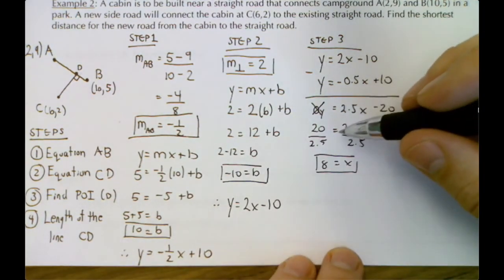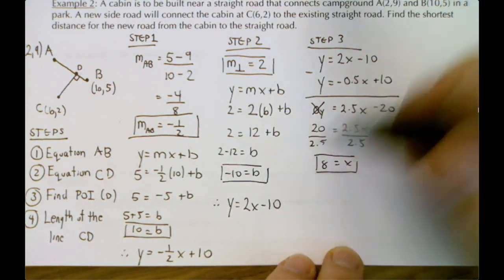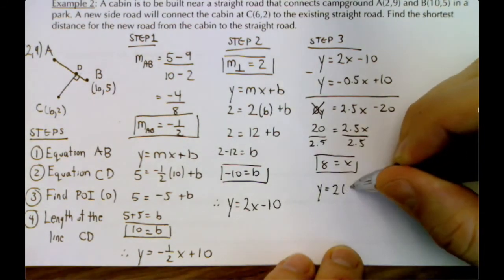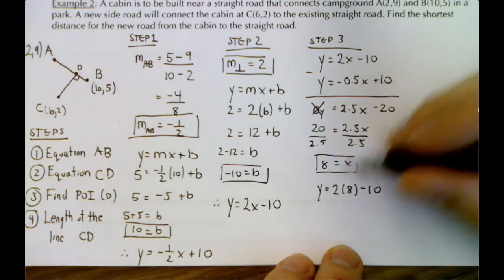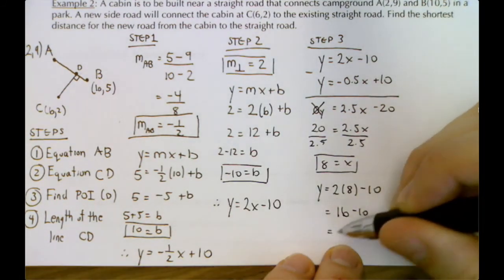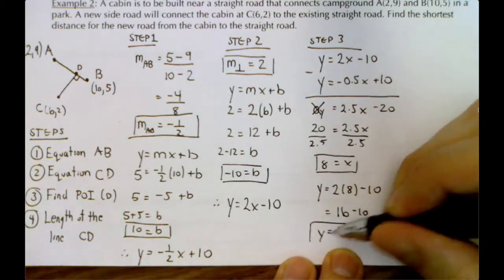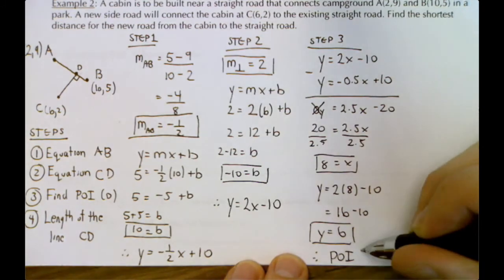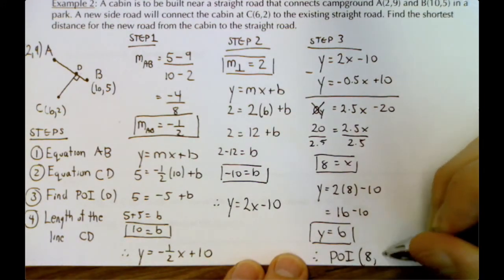Let's plug x into one of our equations to find y. I'm just going to use the second equation. y equals 2 times 8 minus 10. 2 times 8 is 16, minus 10 equals 6. Therefore, the POI is 8, 6.